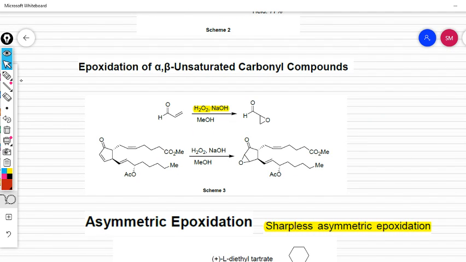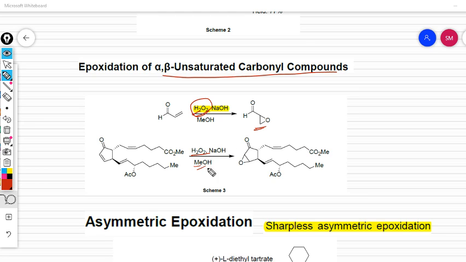But before that, we will see unsaturated carbonyl compound epoxidation. As we discussed, this is one of the examples. H2O2 is used for conjugated olefins to facilitate epoxidation. This is one example with hydrogen peroxide for a conjugated carbonyl system to get a conjugated epoxide. One more example: this is a progesterone enone.